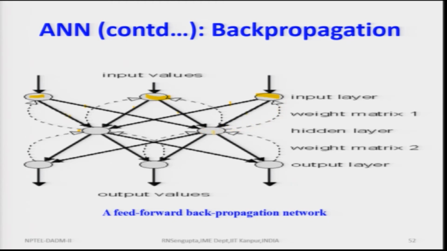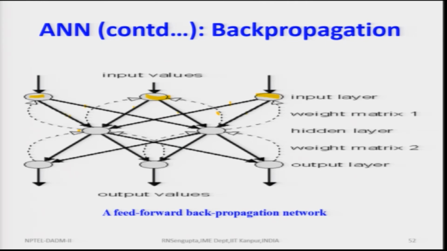The second node of the hidden layer will give feedback to the third node of the first layer and to the second node of the first layer. Similarly, it can give feedback to the first node in the first layer, though the dotted line is not drawn.